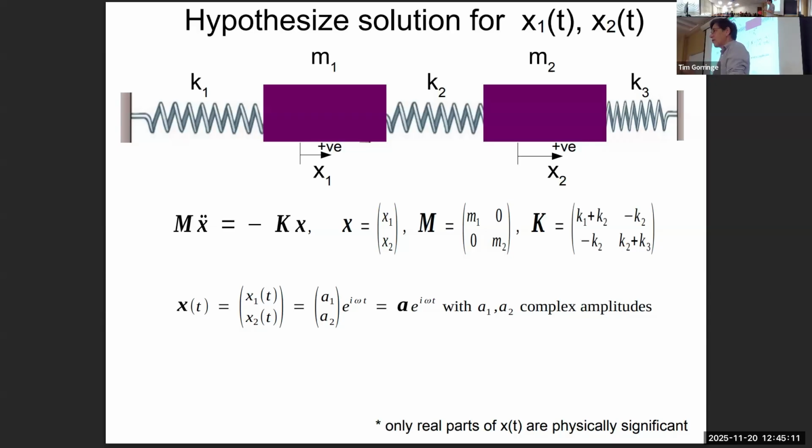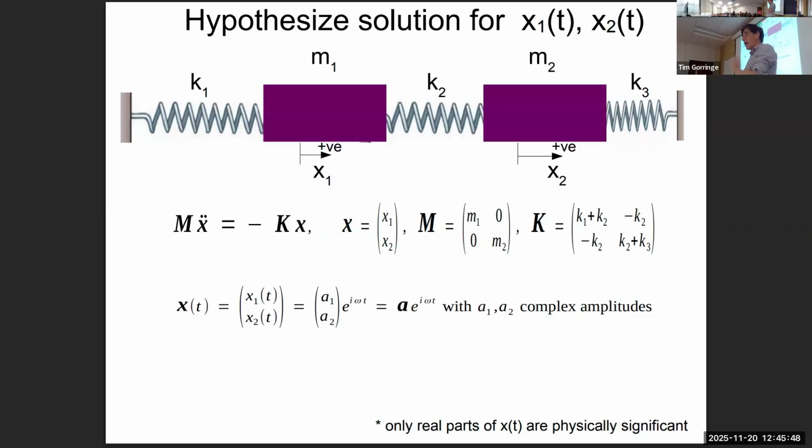Let's hypothesize a solution based on our experience with, say, a single mass on a spring and how we understand its motion, its sinusoidal motion, if we displace the spring. Let's guess that there's a solution to the coupled spring arrangement of 2 masses and 3 springs, with the 2 masses oscillating to and fro with the same frequency.